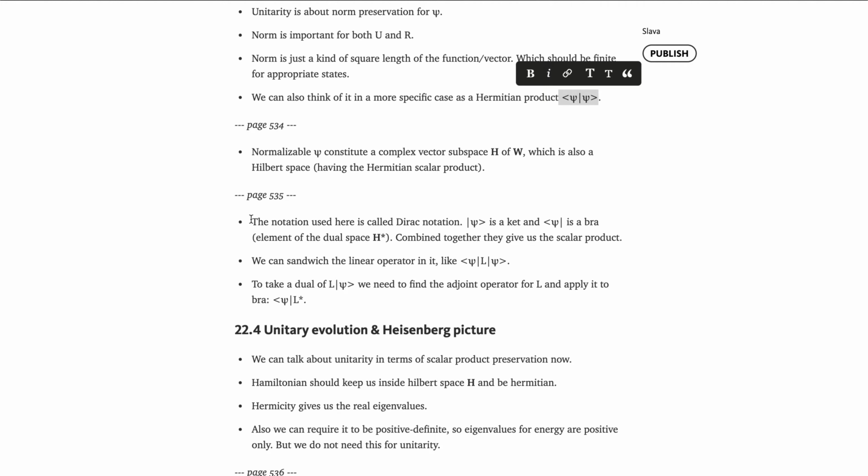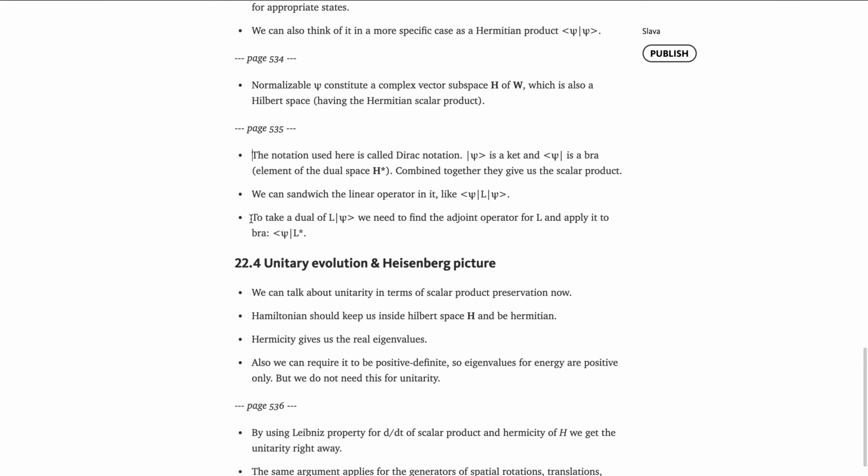At the end of that section, Penrose tells us that the notation used here is called Dirac notation.